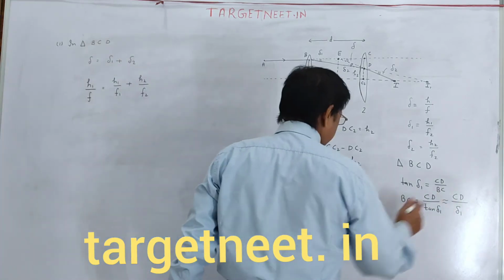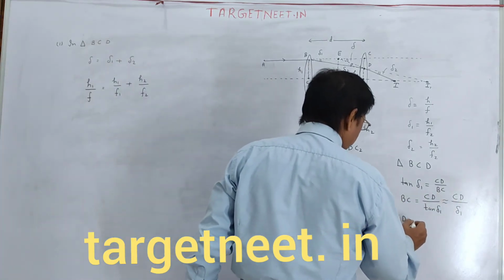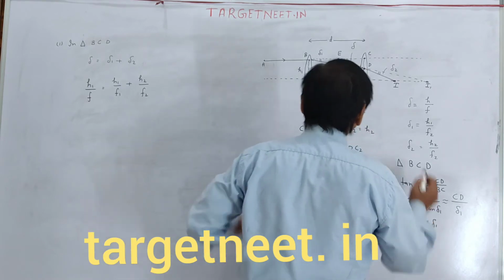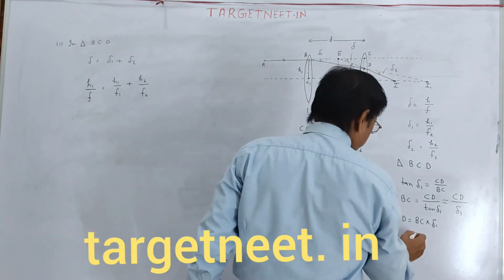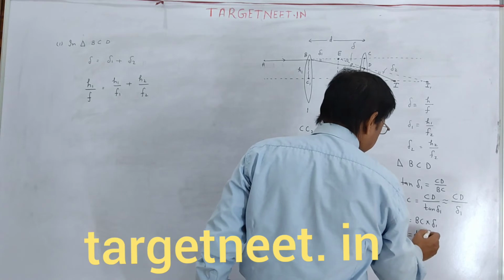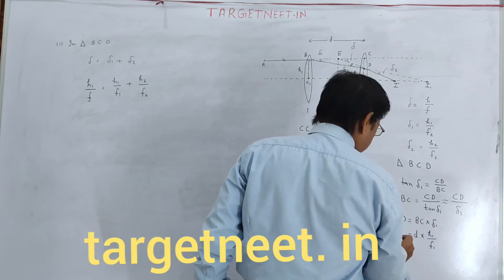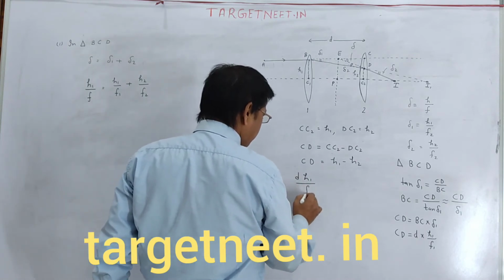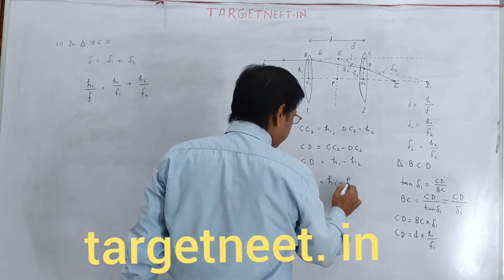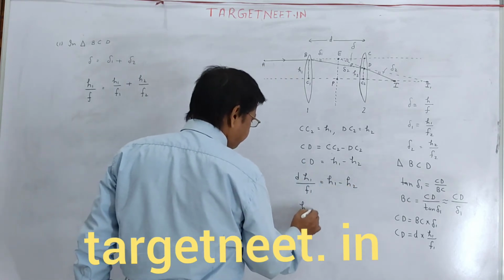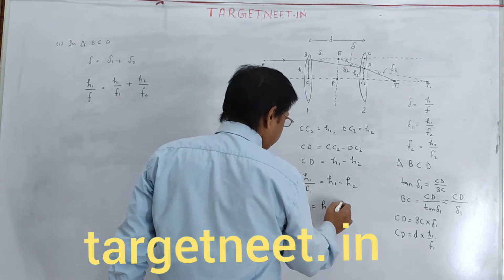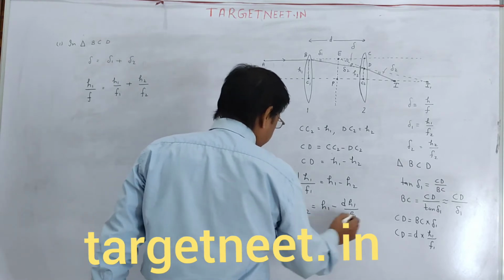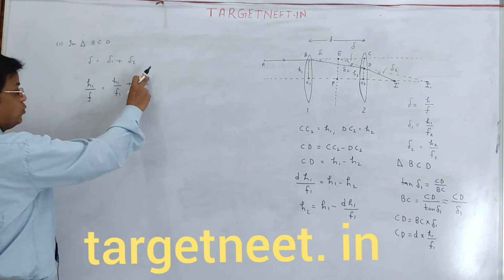Now CD will be equal to BC into delta 1, that is BC is small d, so d into H1 upon F1. So in place of CD we can write this, so here we can write d H1 upon F1 is equal to H1 minus H2. So H2 will be H1 minus dH1 upon F1. So this is H2.